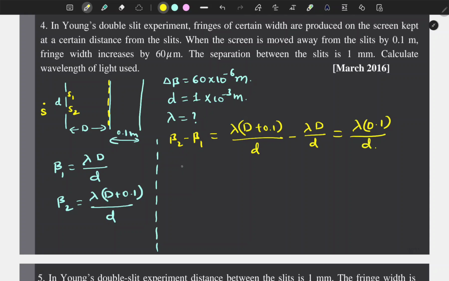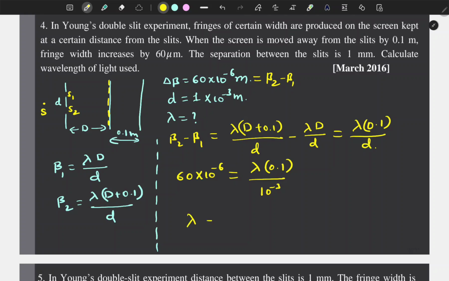So beta 2 minus beta 1 is given, that is 60 into 10 to the power minus 6, that is equal to lambda into 0.1 divided by small d. The value of small d is given: 1 millimeter, 10 to the power minus 3.